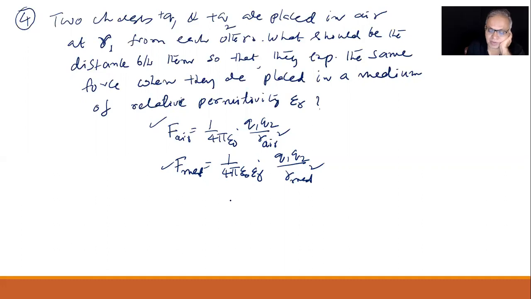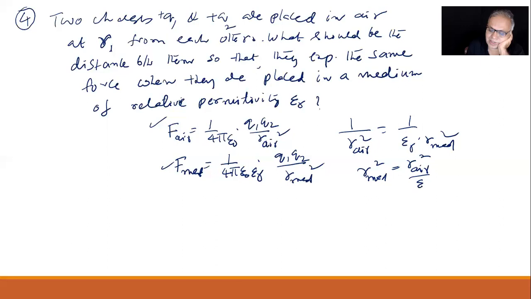When I make them equal, this will cancel out, right? So what will I get? 1 by R air square is equal to 1 by epsilon r R medium square. You should not write too many steps. So R medium square equals R air square by epsilon r. So R medium is R air by root of epsilon r.